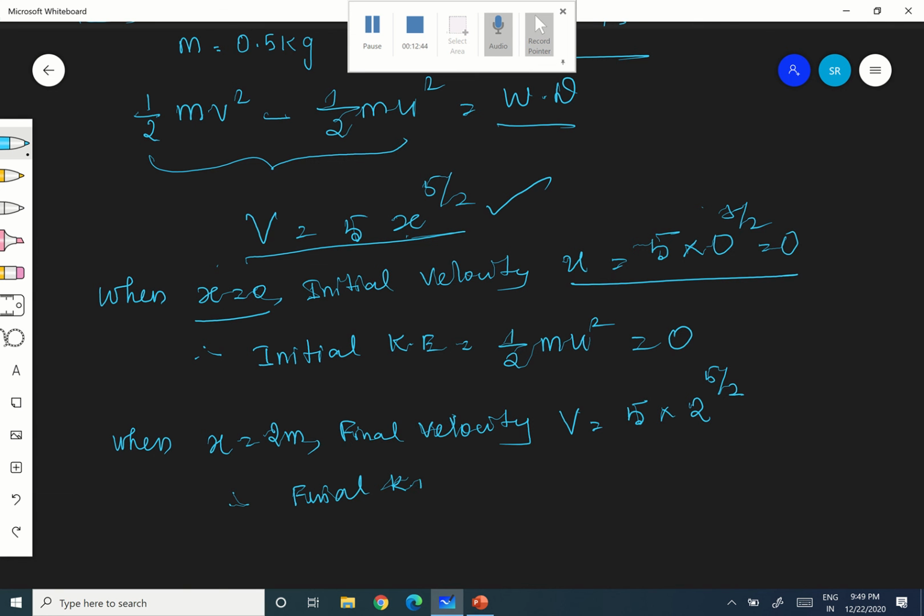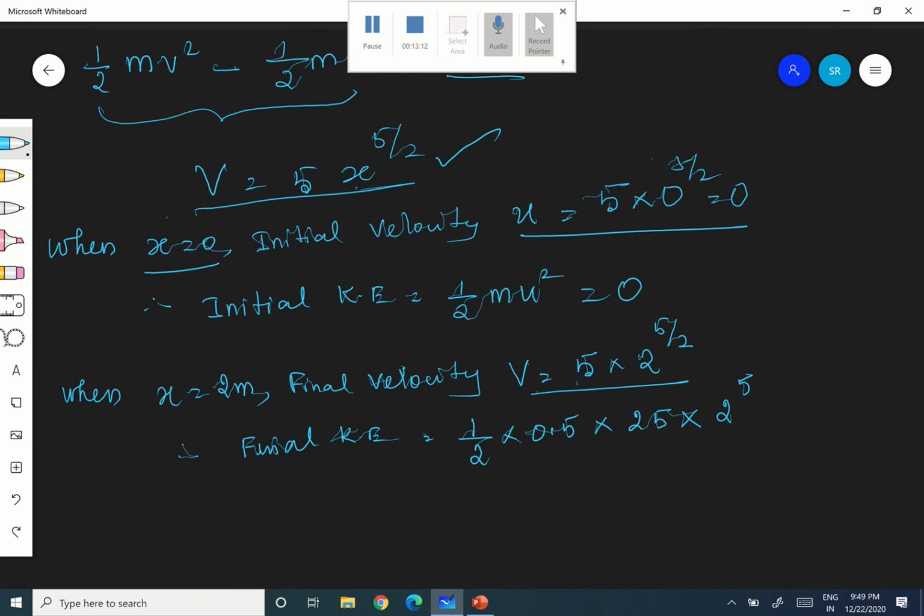Final kinetic energy is half m, that is equal to 0.5 into V squared. What is V squared? V is this one now. Therefore, 25 into 2 to the power 5 by 2 squared. Therefore, it is 2 to the power 5. Got it?